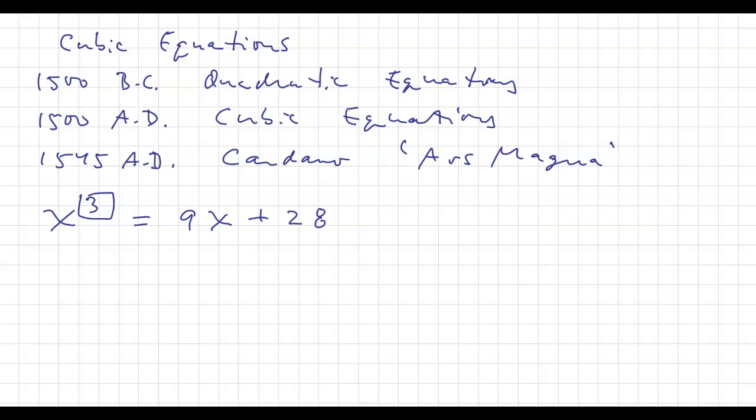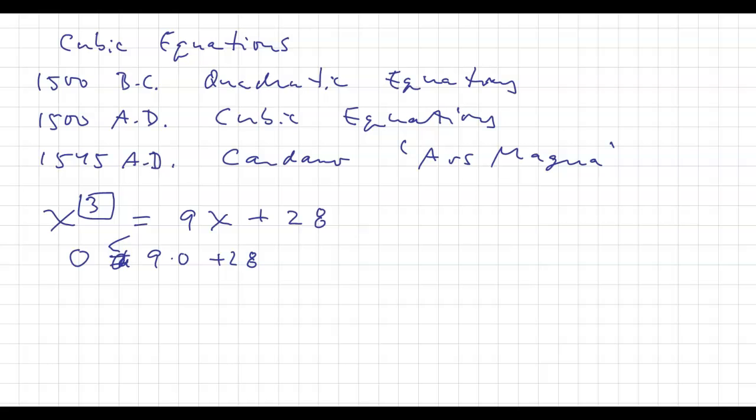Now, if you look at this question, there definitely is an answer, because if you put 0 in for x, that wouldn't be true. 0 cubed is not the same thing as 9 times 0 plus 28. The right side is definitely bigger.